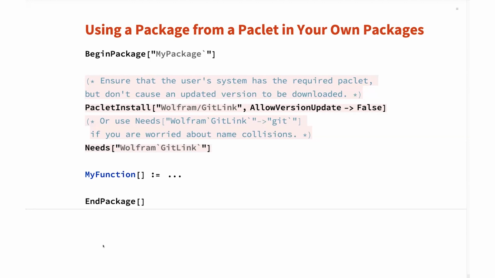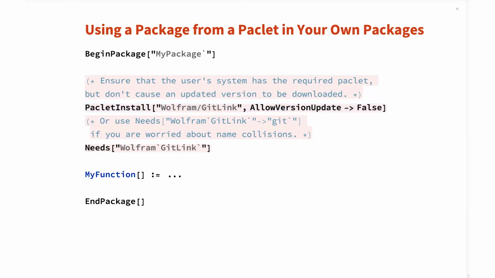And so if you use AllowVersionUpdate False in PacletInstall, that will get the Paclet if the user doesn't have it, but if they have any version of it, it will just use that version. So I think that people should get used to putting code like this in their packages. If you need to call PacletInstall, use AllowVersionUpdate False so you don't cause a side effect on user systems or your own user systems.